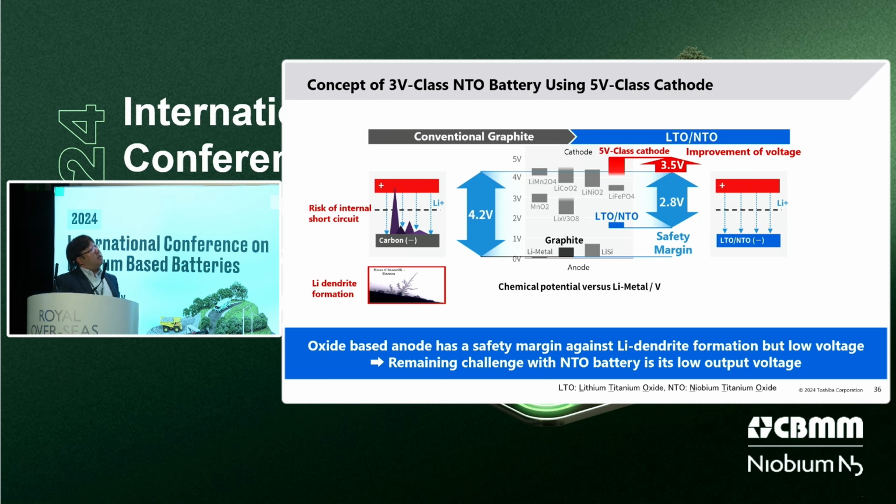As I mentioned, we have a safety margin in exchange for the low output voltage. So we are now aiming to use a high potential cathode, like a 5-volt class LNMO, in order to improve the output voltage, as shown here.